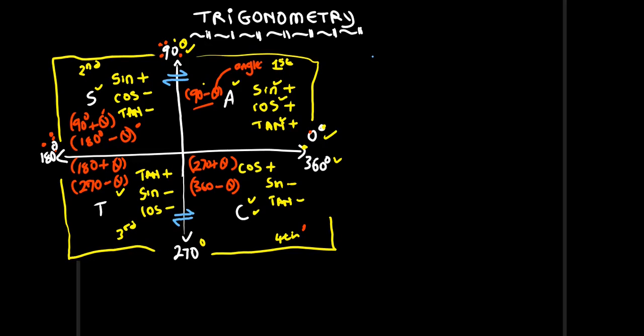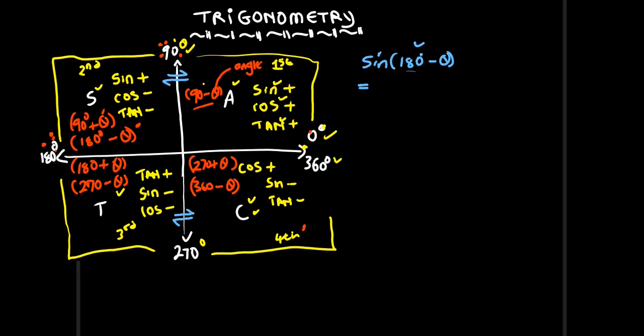So now you'll find that in the exam they're going to say calculate the sine of 180 minus theta. For you to answer this question, you just say equals to, and you check. It says sine of 180 minus theta.